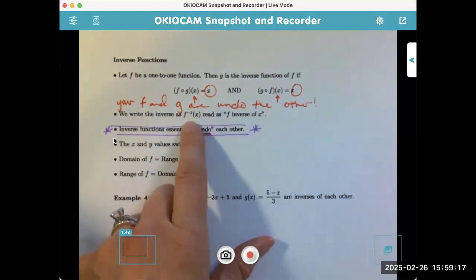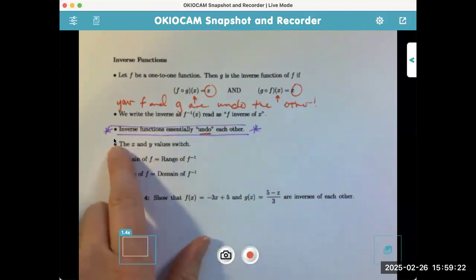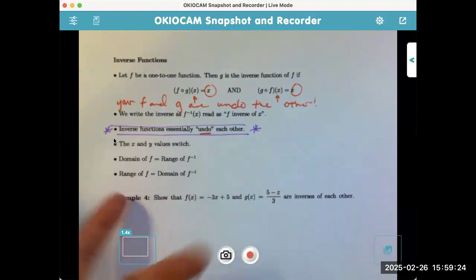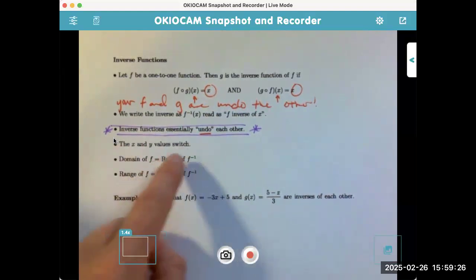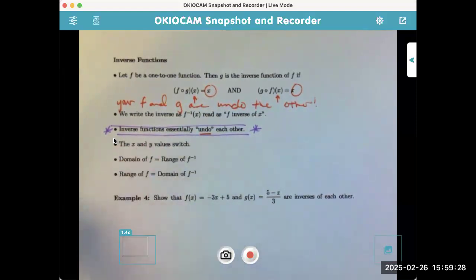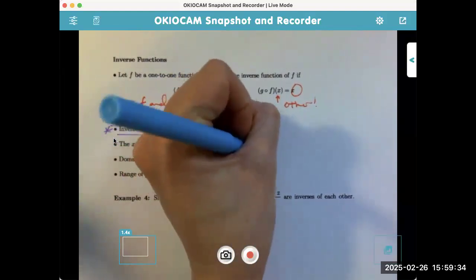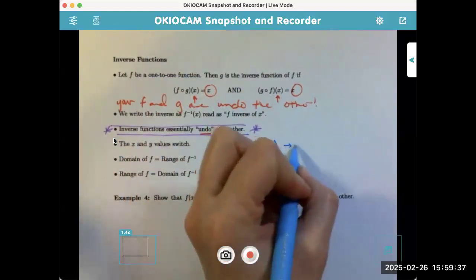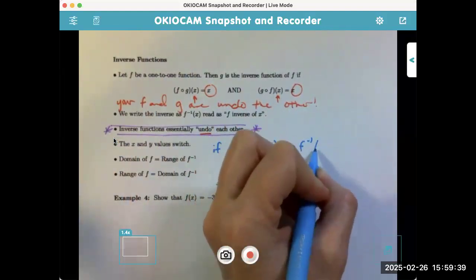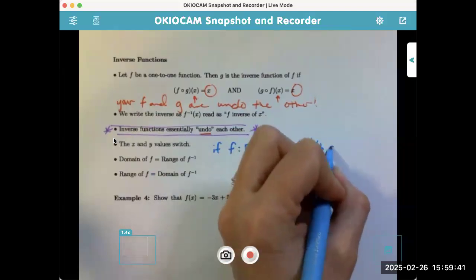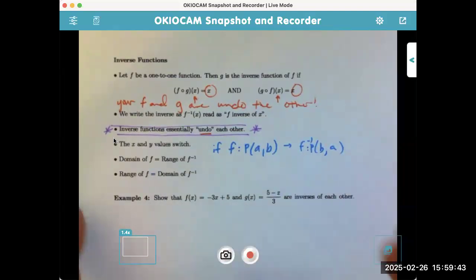So since the inputs and outputs switch, of course the domain and range of f and f inverse switch. How I like to say it is that if f has the point a comma b, then f inverse has the point b comma a. Literally, you just switch the x and y. That's it.